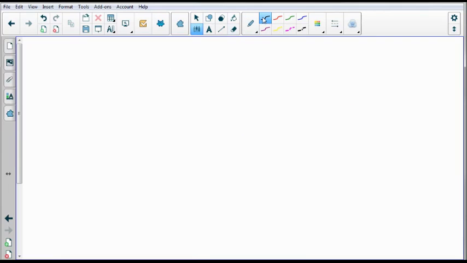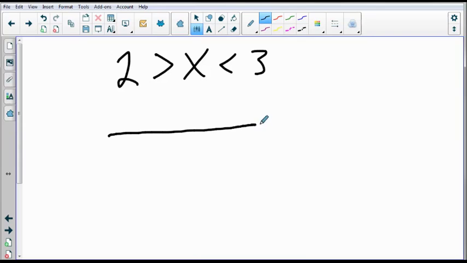All right, now let's look at something else. What if we had where x is smaller than 2, x is smaller than 3? If I tried to graph that, I go down here and I'd only care about the 2 and the 3. There's no equals, that'd be a circle there.